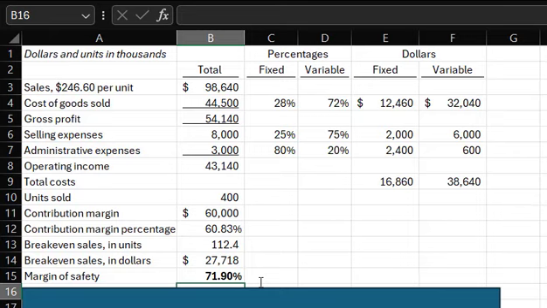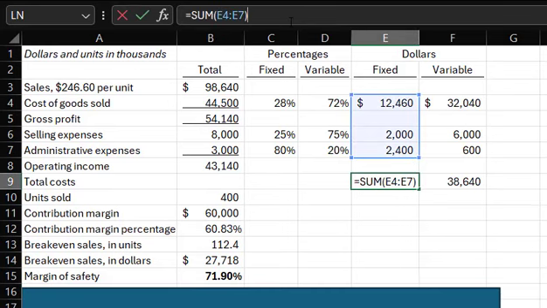And to get this kind of increase in capacity, they have to incur an increase in fixed cost by 3,600,000. All right, so all that part about increasing sales is irrelevant because we're not going to change the variable and fixed percentages. They're basically saying the fixed cost will increase by 3,600,000.